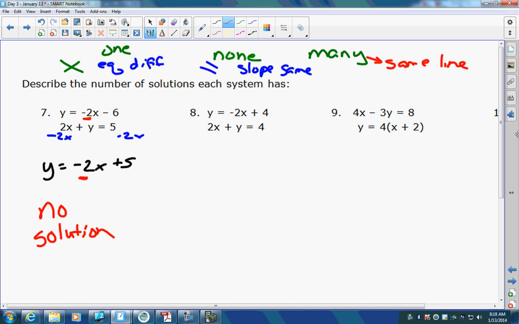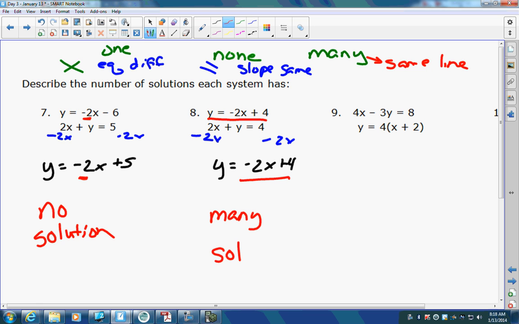On number 8, you already have one in y equals form. I subtract 2x from each side. I get y equals negative 2x plus 4. Well, look, this is the same as this one. That means that there are many solutions because they are the same line.